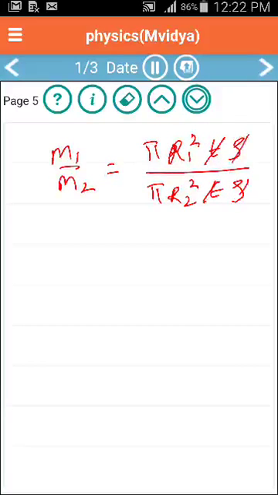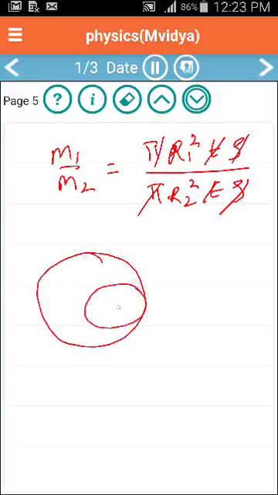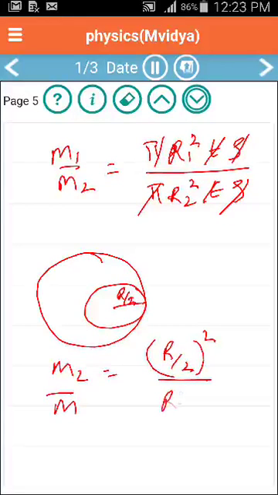Because the thickness is the same, density is the same. So m1 upon m2 is r1 squared upon r2 squared. So for this cutout, the radius is r by 2. So my m2 upon the total mass m is r by 2 squared upon r squared, or I get m2 is equal to m upon 4. So I know the mass of the smaller cutout is m by 4.